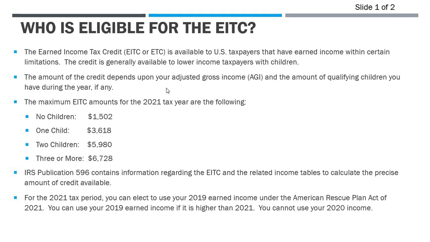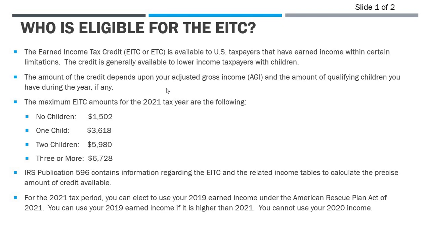So you need to have earned income, and it's got to be within certain ranges in order to qualify for the credit. Effectively, if you make too much money in the eyes of the IRS, then the credit's not available to you. So in most cases where we see people eligible for this credit is they're low income and they have no kids, or they're low income and they have 1 or more children.